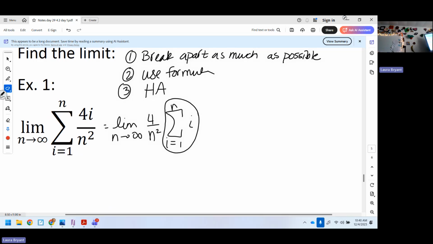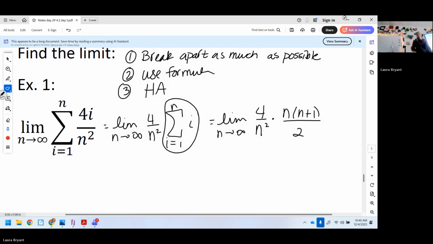So it's going to look like this. So continue to write limit as n goes to infinity. The 4 over n squared just carries with the problem. And then in my formula, I replace the summation with n times n plus 1 over 2. Okay, so I broke everything apart.